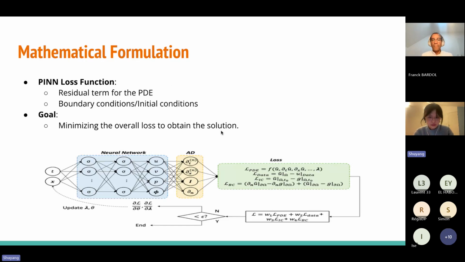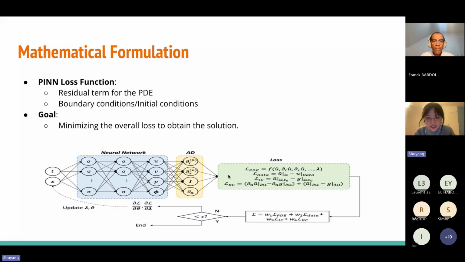So for example, in this plot, I am solving an equation whose variables are the time variable and the one-dimensional space variable. And this is the output of the neural network. And the residual term is this thing. You just plug the output of the neural network into the equation, and you want this part to be as close to zero as possible, because the equation is f of the solution equals zero.